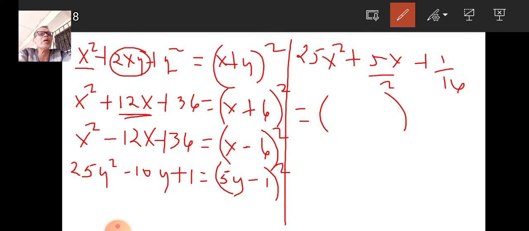The square root of 25 is 5. The square root of x squared is x. Since all the terms in the given product are positive, all the factors must have the positive sign. The square root of 1 is 1, over the square root of 16, which is 4, then raise it to 2.